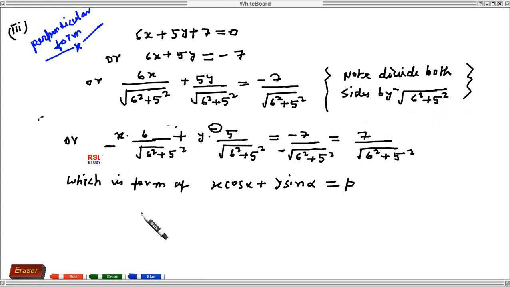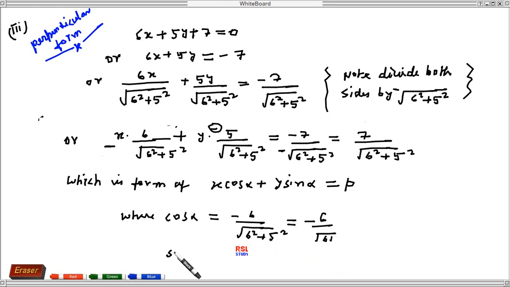So here cos alpha is equal to minus 6 by under root 6 square plus 5 square, that is, minus 6 by under root 61.